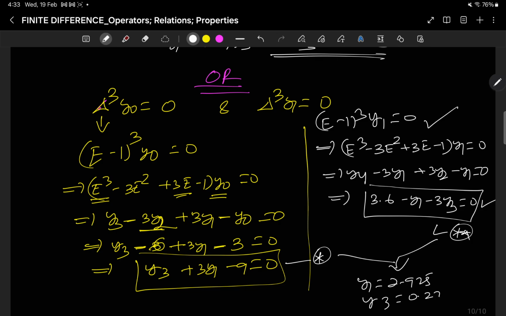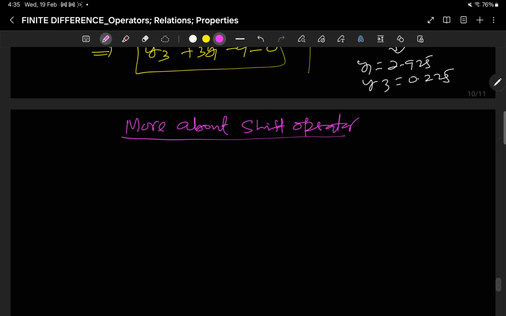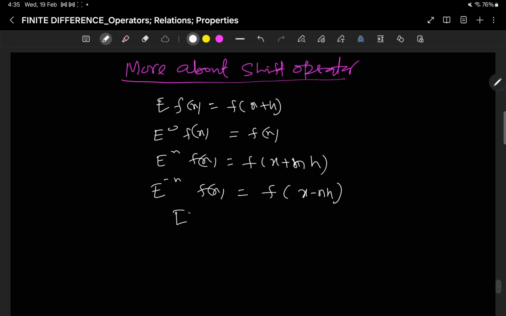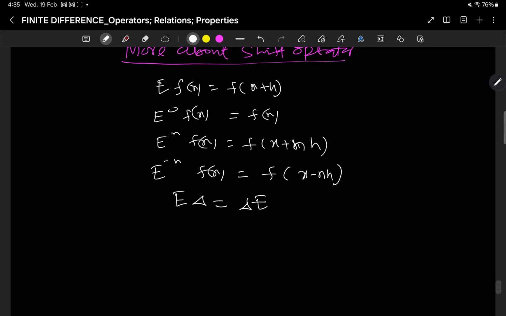So as you know, E f of x is f of x plus h. Okay, so here E to the power 0 f of x is f of x, E to the power n f of x is f of x plus nh, and E to the power minus n f of x is f of x minus nh. Okay, and also you know E del is del E, right?